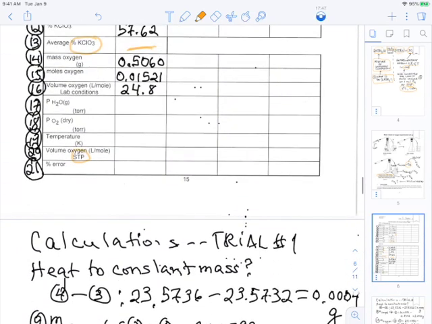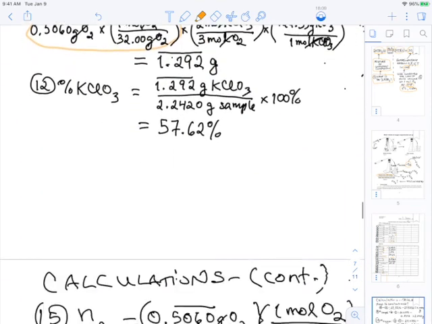Notice that we're going to be finding out what is the pressure of the water vapor, and you're going to have to find that out in your table. That's in the second page of your lab manual, the procedures. And then we're going to calculate the pressure of the dry oxygen. So let me go over to item number 17.